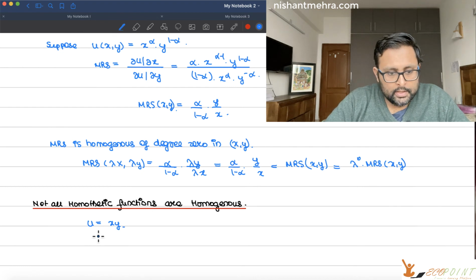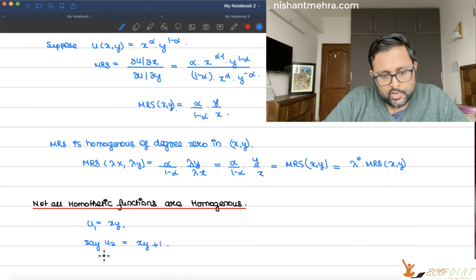One thing is that. Let's say this is u1, and this is u2, which is xy plus 1. Is this homogeneous? This is not homogeneous. You would not be able to factor out lambda completely.